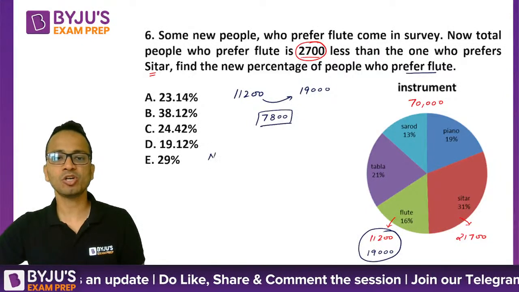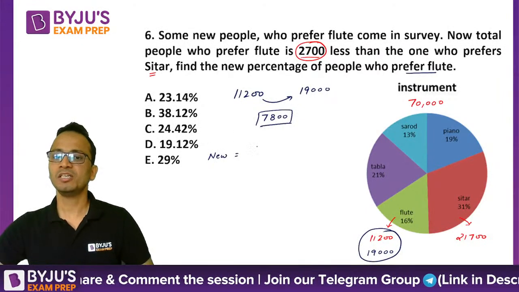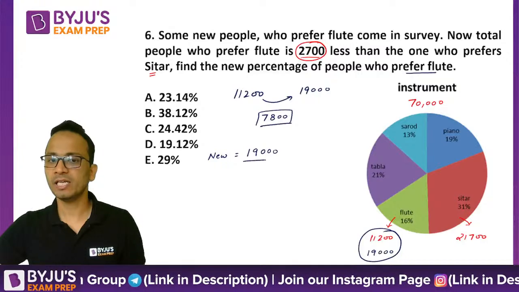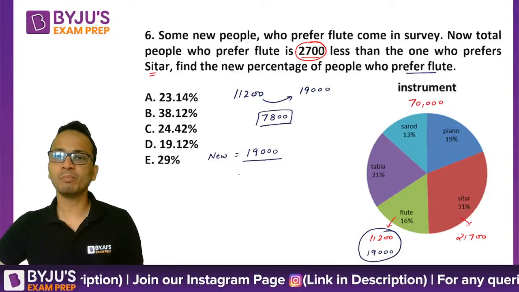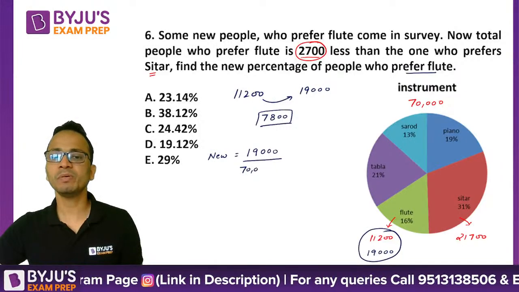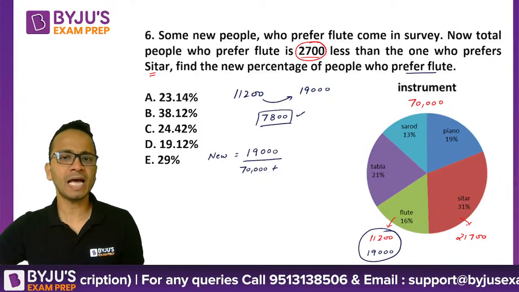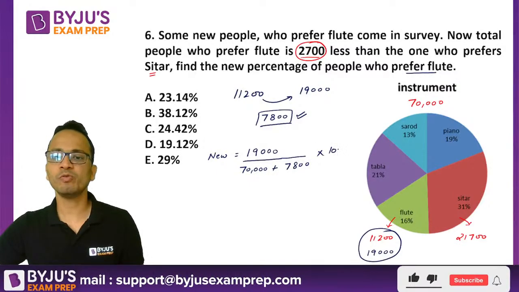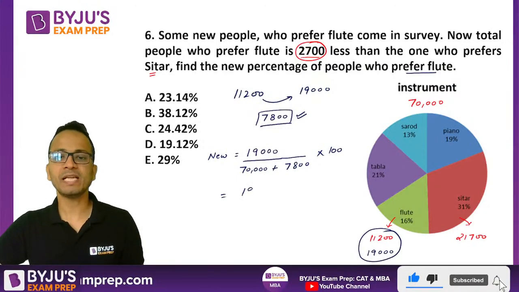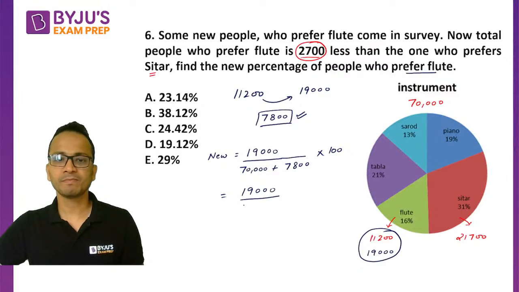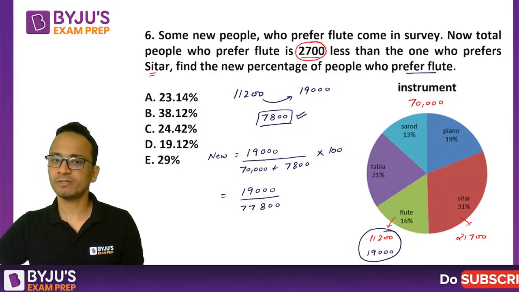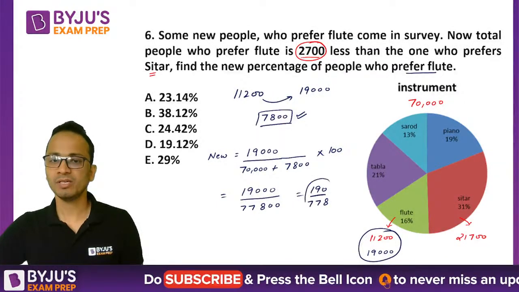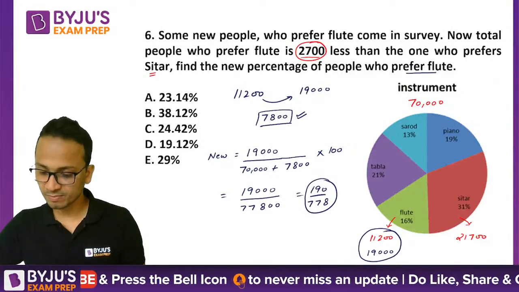So the new percentage will be the new number of people who prefer flute in the numerator, so 19,000 comes in. In the denominator it will be the new number of people. Originally 70,000 people were there, and 7,800 people are added. This is how we'll calculate the new percentage. So it will be 19,000 divided by 77,800, or you can write it as 190 divided by 778. This is the percentage that we'll have to calculate.